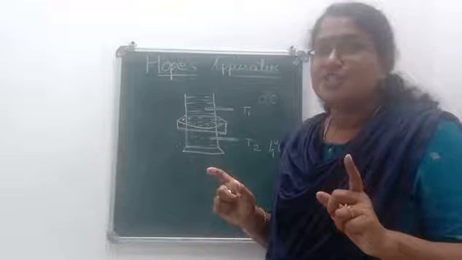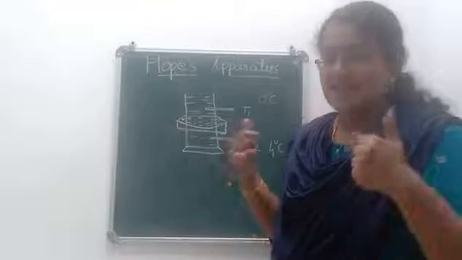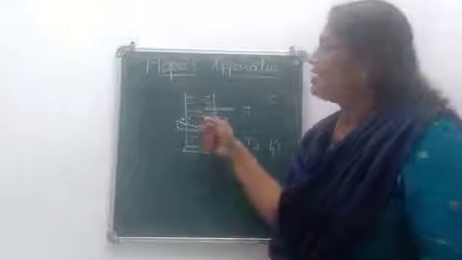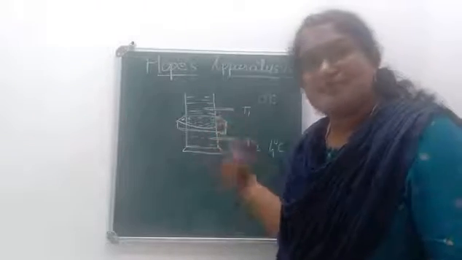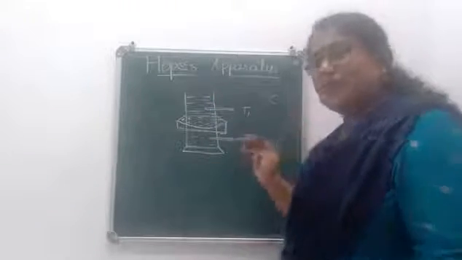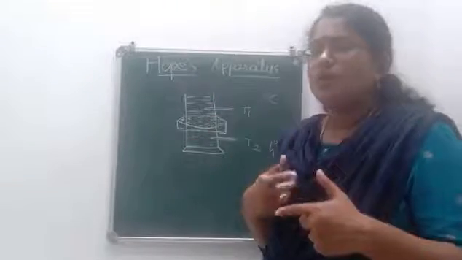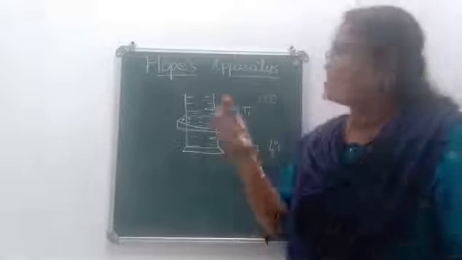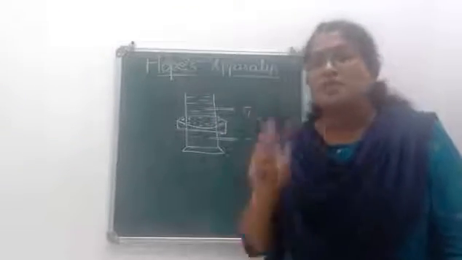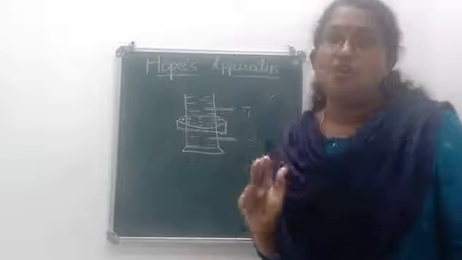At 4 degrees Celsius, water has maximum density. Again, when you are cooling, instead of contracting, it will be expanding. So it starts expanding, that means it becomes lighter. So the temperature falls and it reaches 0 degrees, and when it reaches 0 degrees, water gets converted to ice and small ice pellets can be visible there. So this proves the anomalous expansion of water.